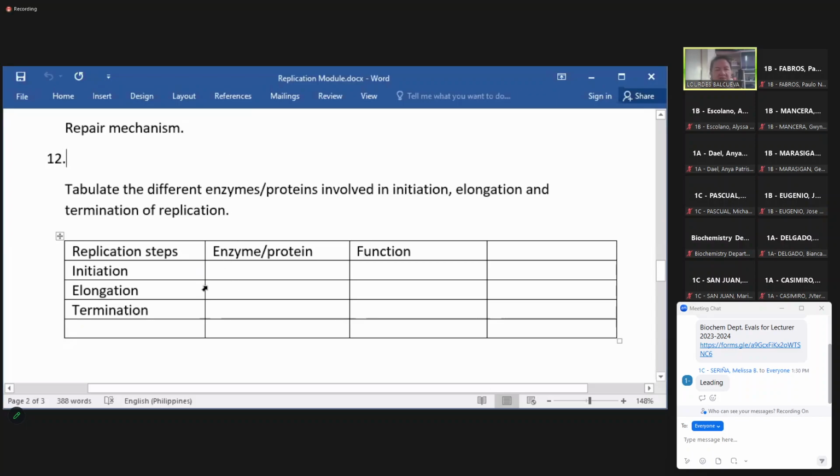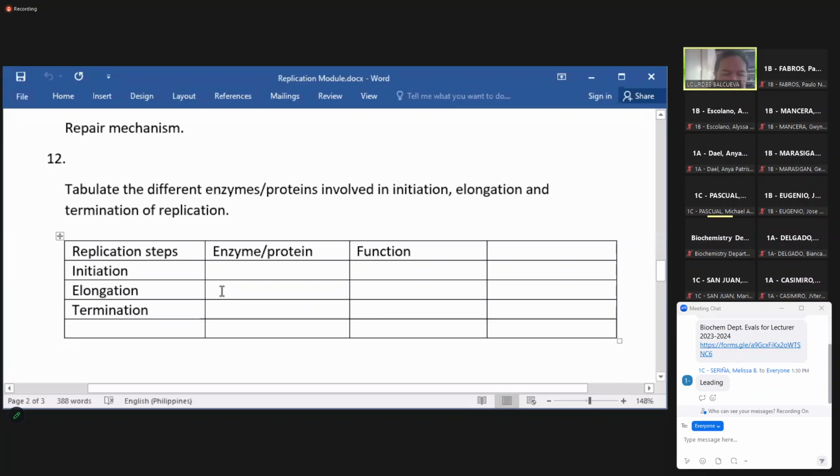Elongation. DNA polymerase po. Polymerase what? There are two strands that are replicated by different enzymes during elongation. Ano yun? Delta and epsilon po. Come again?